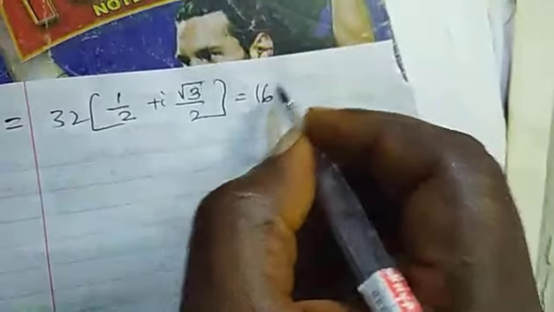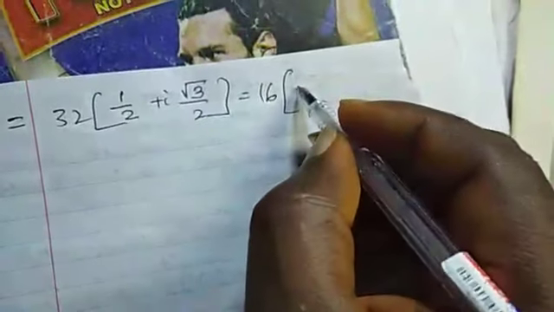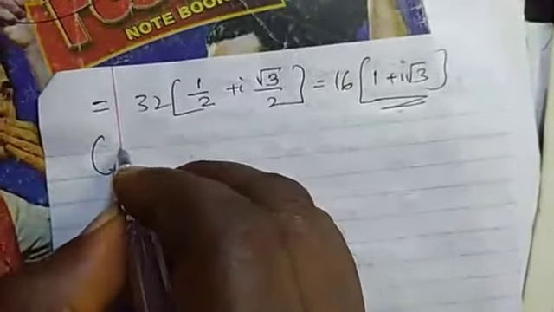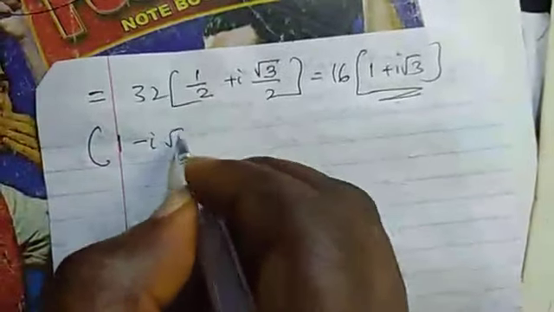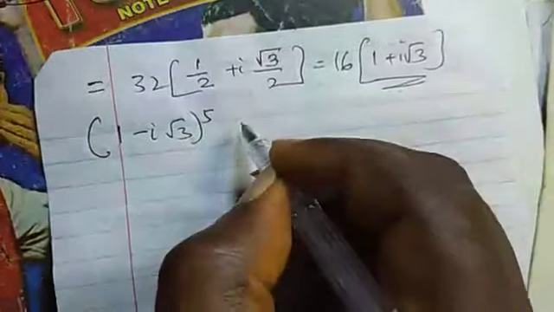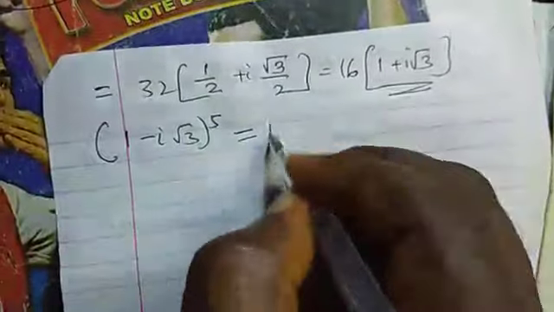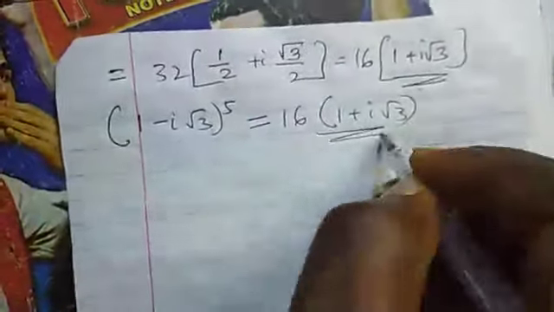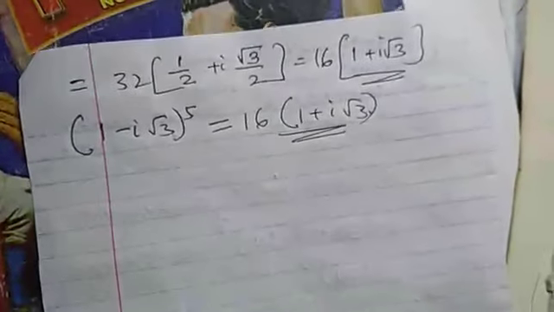So what we have left will be 16. 2 cancels 32 to give 16. 16 into (1 + i root 3). So that's our answer. So that means if I had expanded this using binomial expansion or Pascal's triangle, my answer would be 16 into (1 + i root 3). So that is the beauty of complex numbers.